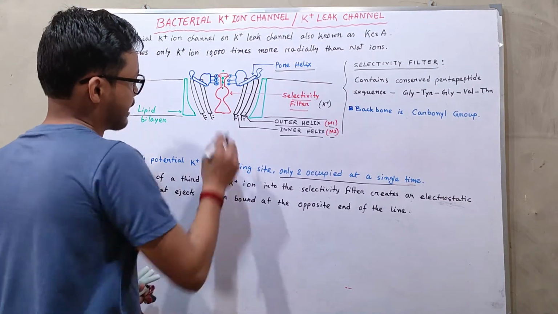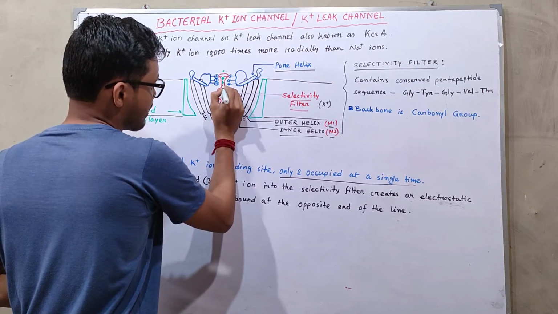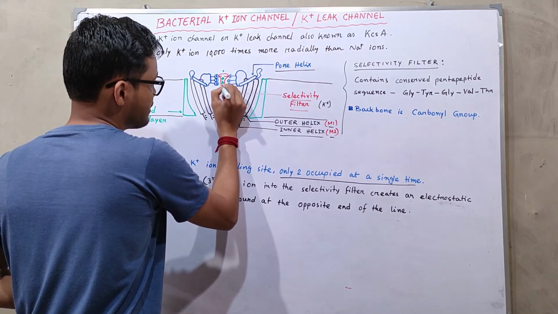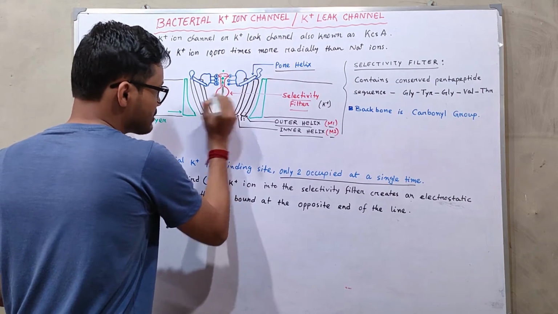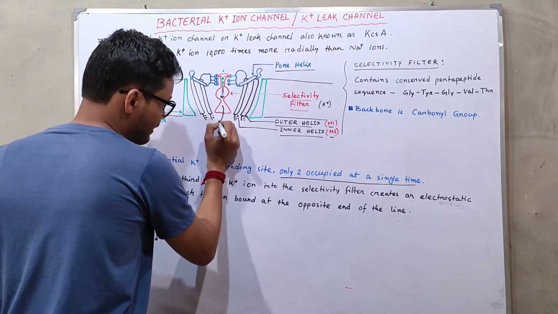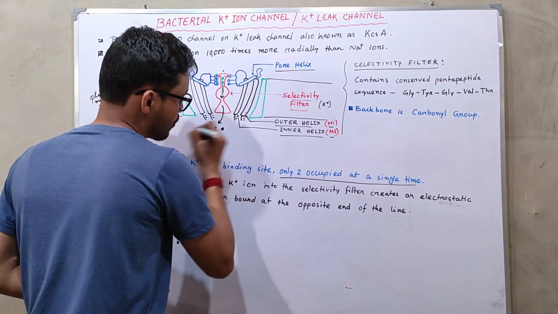That force helps the K plus detach from the second one, and it moves toward this side and ultimately exits from the opposite end.